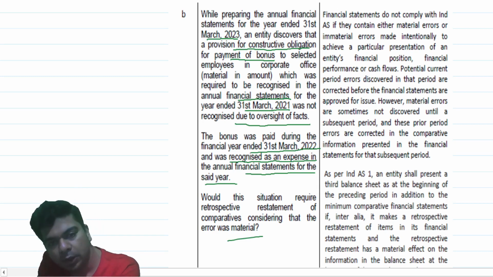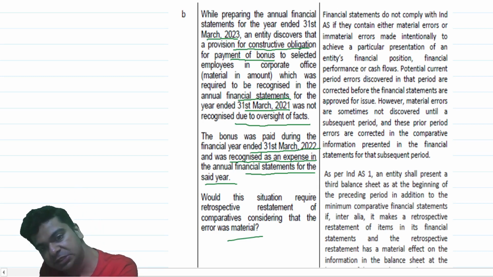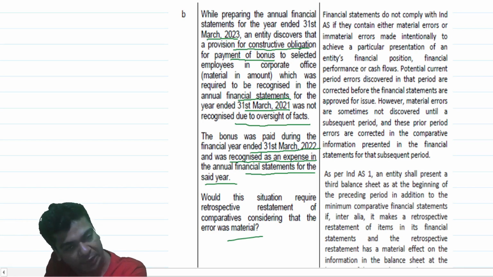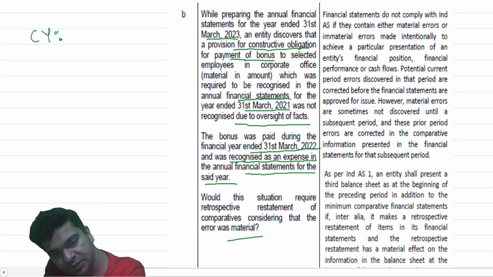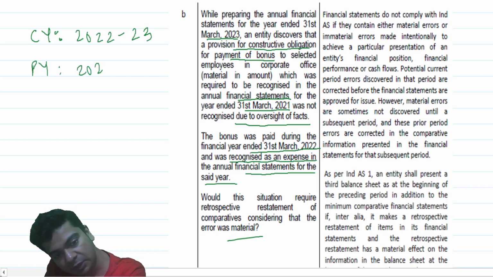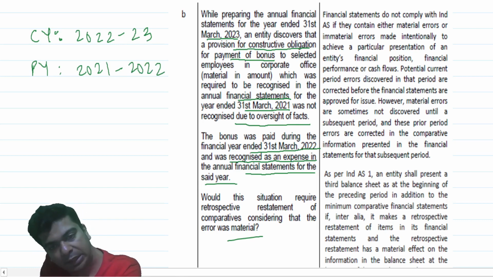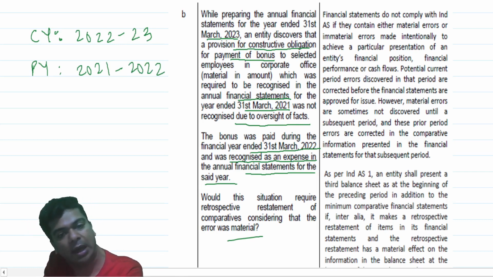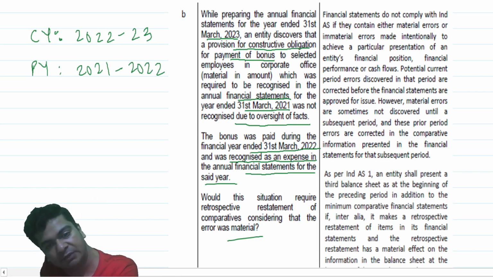Okay. They are saying, while preparing the annual financial statements for the year ended 31st March 23, that means the current year is 2022-23. That means the previous year is 2021-22. They are saying that you have not recorded a provision for constructive obligation. A provision was to be recognized, but we did not recognize it.